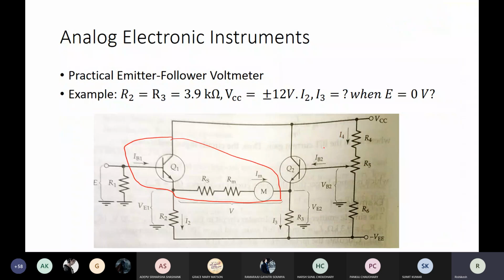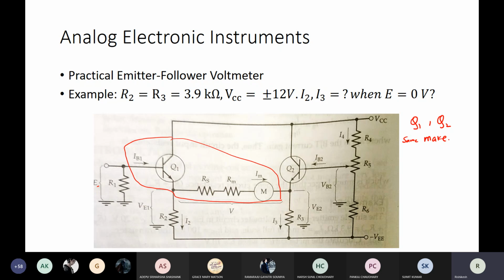The voltage being measured, E, is applied here at the base of transistor Q1. Transistors Q1 and Q2 are of the same make, with the same characteristics, right?